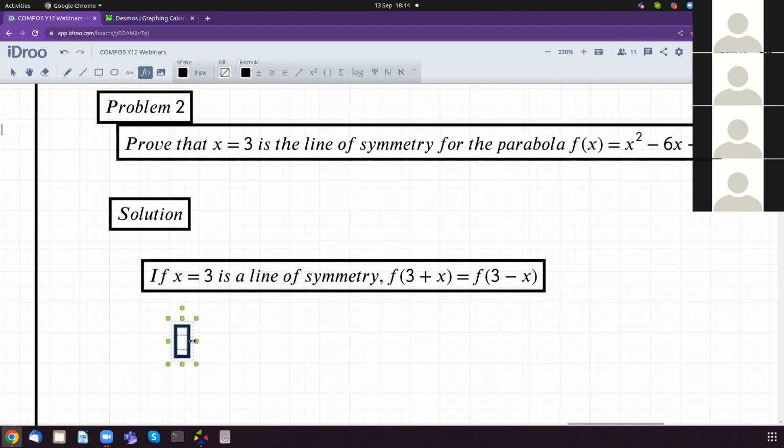Okay, let's find f of 3 plus x. So all we do is substitute 3 plus x instead of x.